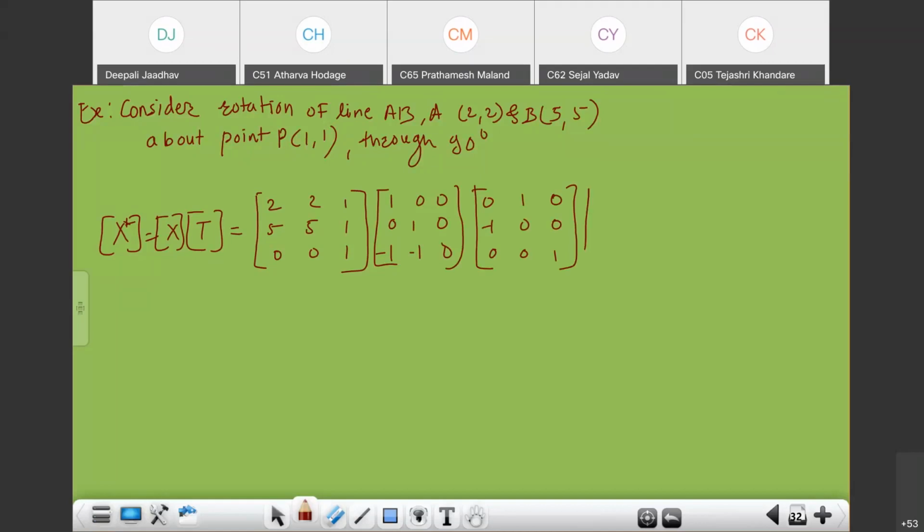And the third transformation matrix, this is minus m minus n, this is plus m plus n, and this is for 90 degrees. Try to multiply it.